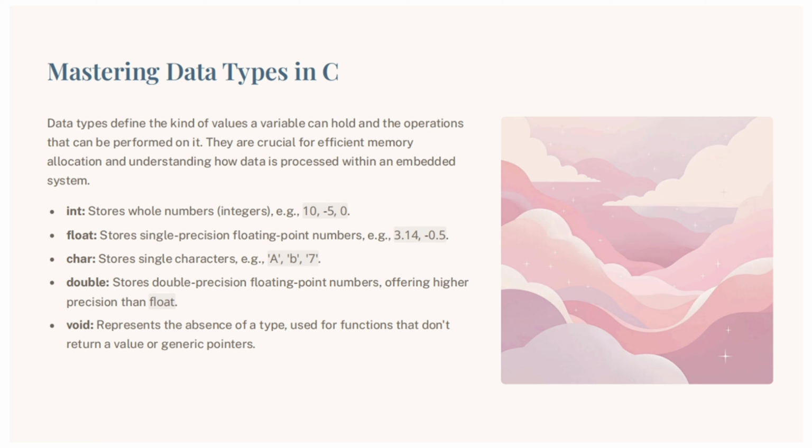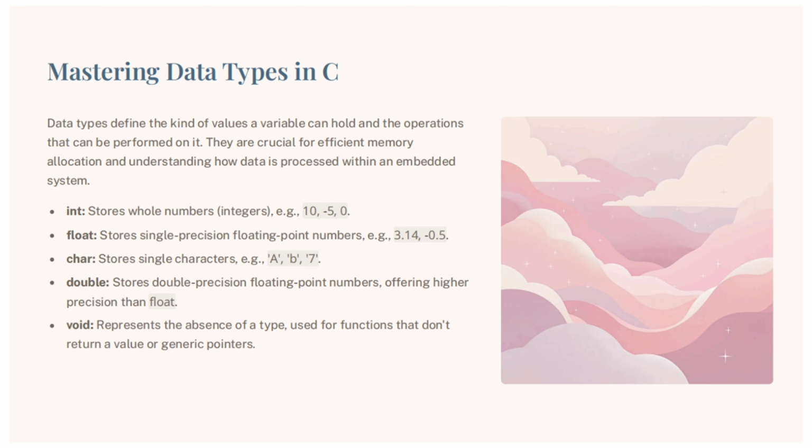Float. This type stores single precision floating point numbers like 3.15, -0.5, 0.5, 0.7, etc. Char, for storing single characters such as A, B, 7, 8, 0.